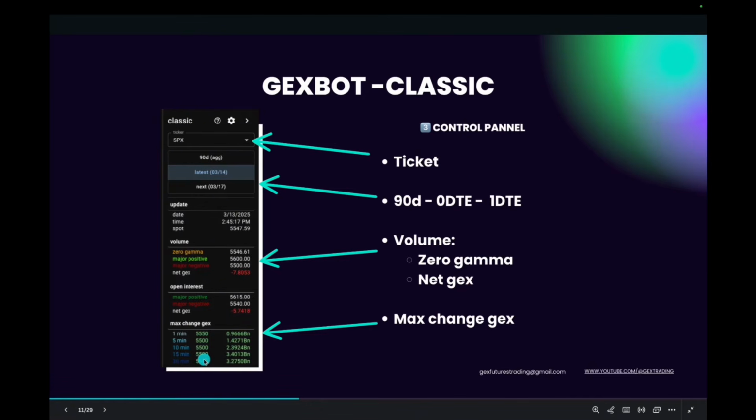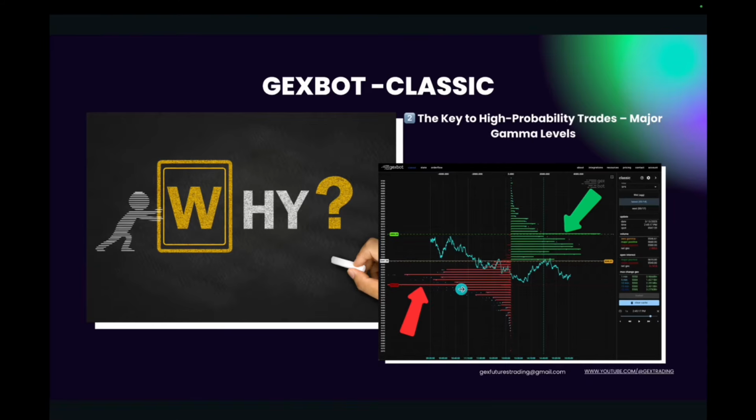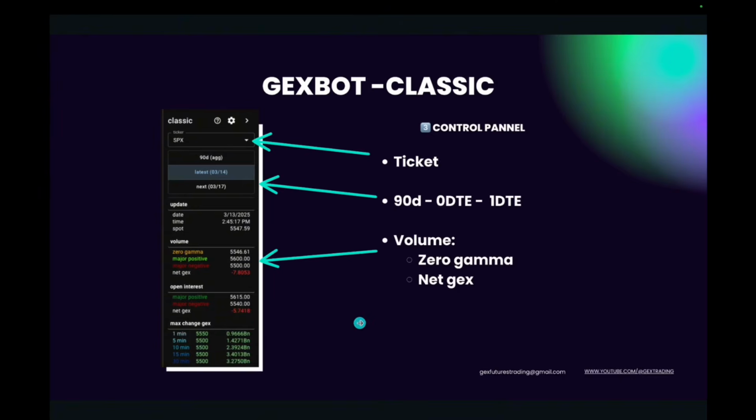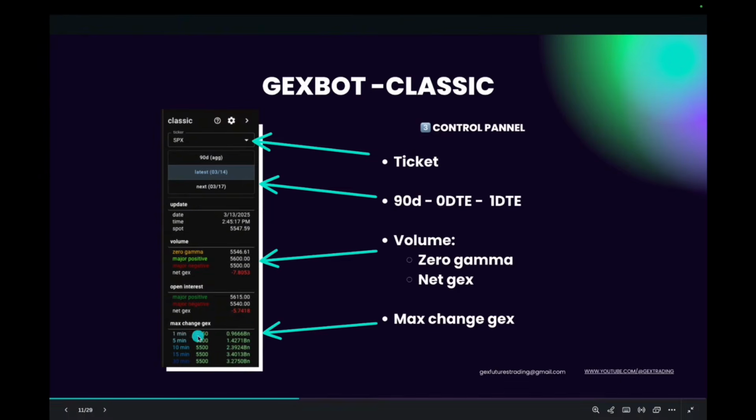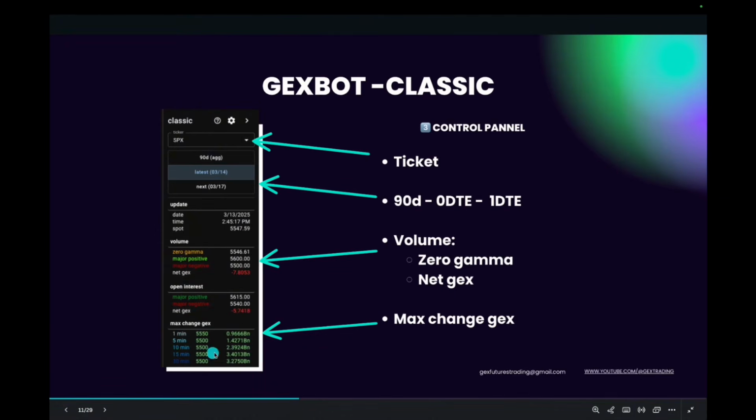So if you are trading with gamma exposure and the market is trending down, it hits your major negative level and you are long, what you want to see is all this max change go positive. What is this showing when it goes positive? It's showing that now everyone who was selling options is buying options back. All this negative gamma is now being bought.